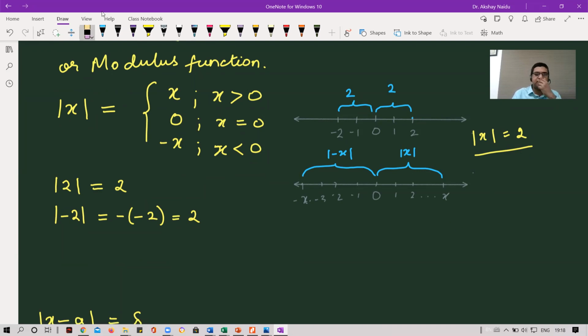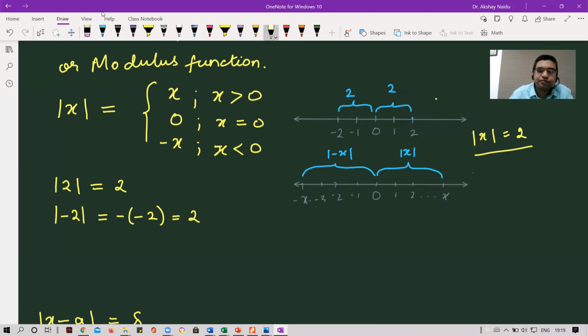That I'll just explain now. Suppose we take mod 2 and mod minus 2. Both are equal to 2. So it refers to 2 points, minus 2 and 2, both have modulus equal to 2. That means the mod function is the distance of the point from the origin.